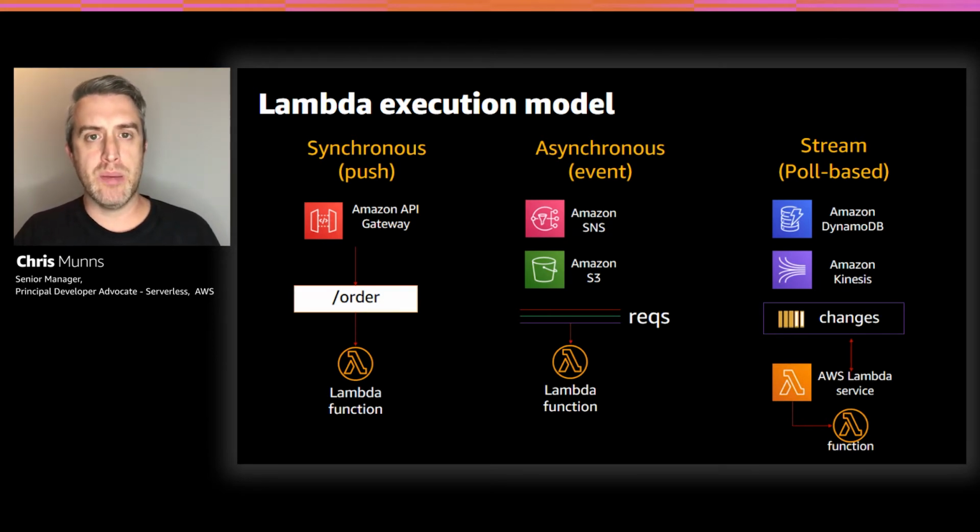And so what we do on the Lambda service side is run a poller on your behalf. That poller uses the same SDKs and API calls from those other services to consume the messages, to consume the data that comes out of them, and then takes that and invokes your Lambda functions on your behalf. And again, all of this is hidden behind the scenes for you, but that's what ends up happening. So 3 different models: synchronous, asynchronous, and then the stream or poll-based model.